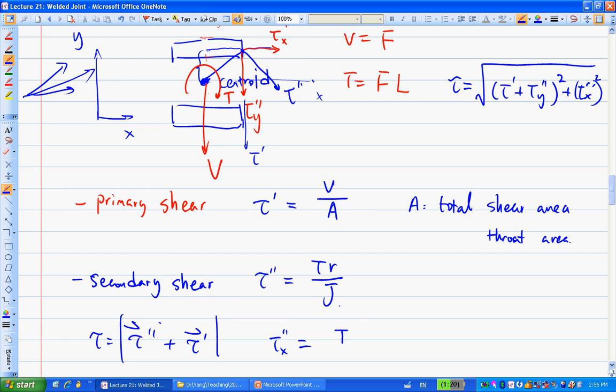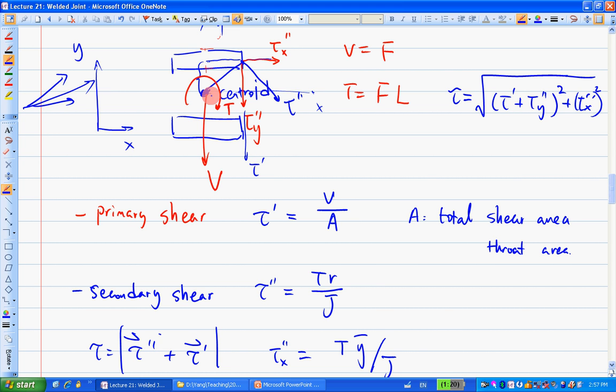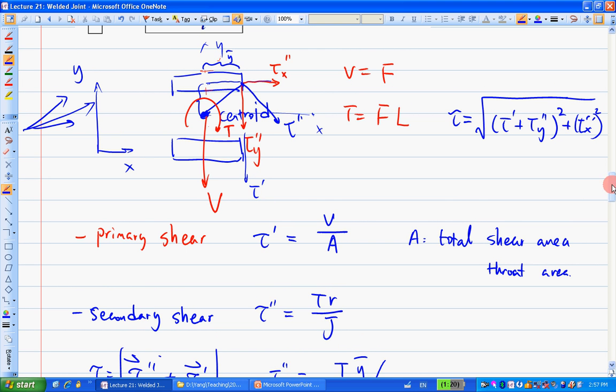So you can just use T times y bar divided by J. That's the tau x double prime. And then tau y double prime will be T x bar over J. Is it easy to find x bar, y bar? Yeah, if the geometry is symmetric, it's very easy to find x bar and y bar. What's y bar? This little portion is y bar.